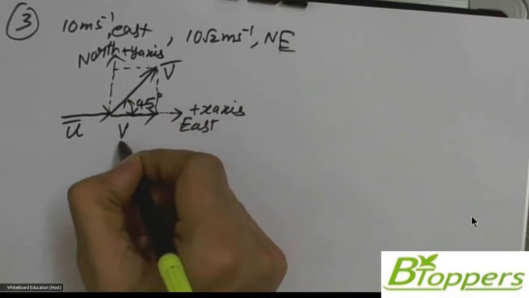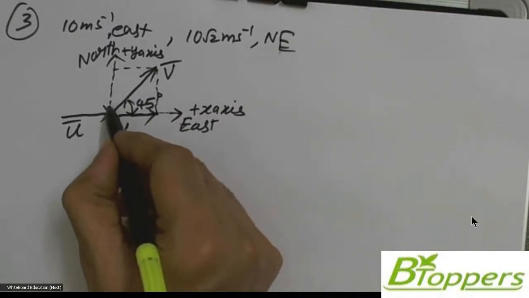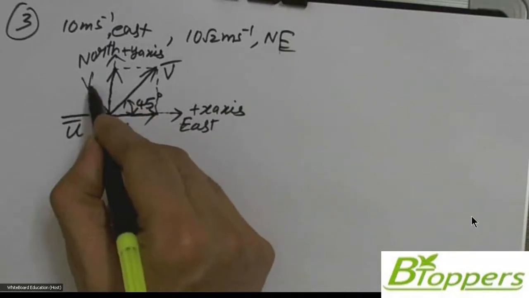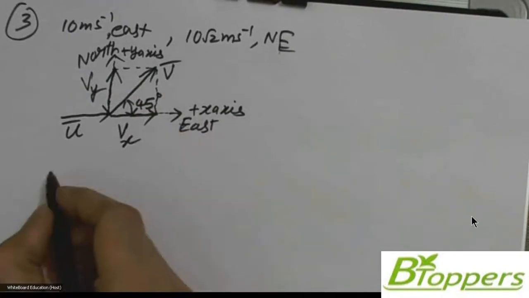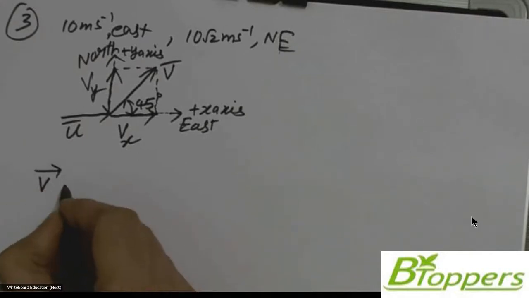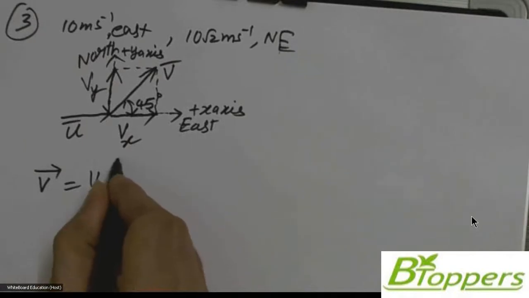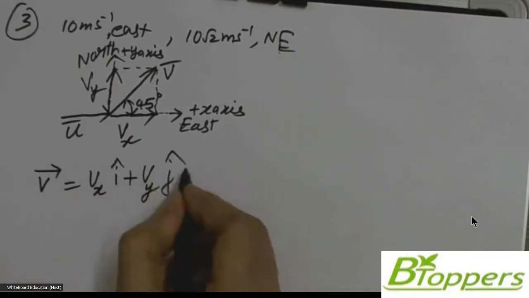The x component of velocity is denoted by vx, the y component of velocity of v bar is denoted by vy. So in vector form, the final velocity vector v bar can be written as vx into i cap plus vy into j cap.